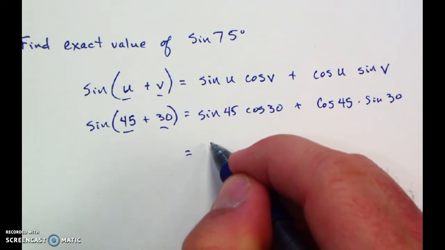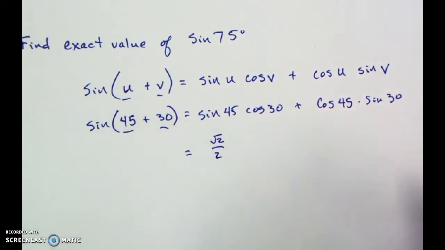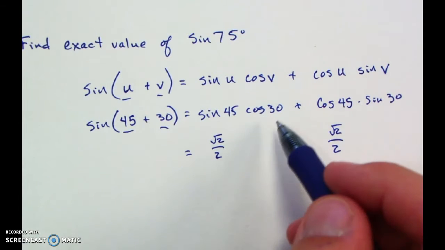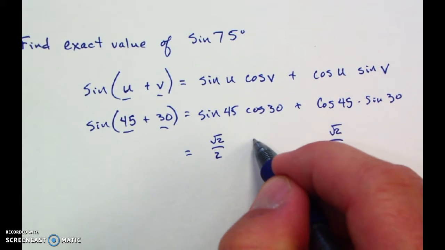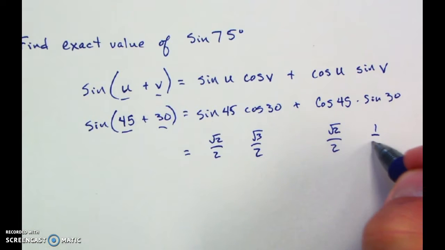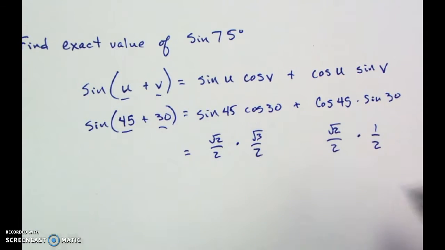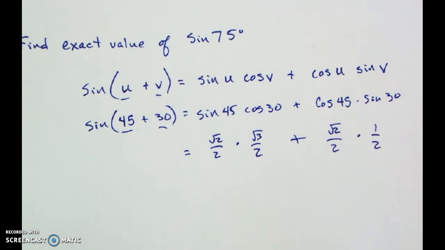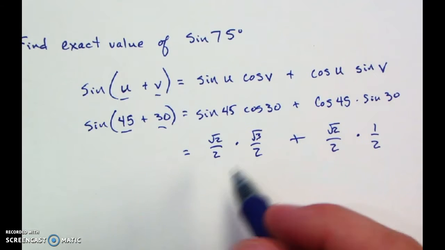And we can use our unit circle at this point and find these values. We know that the sine of 45 is equal to the square root of 2 over 2. Cosine of 45 is also equal to square root of 2 over 2. Then we have our cosine of 30 is equal to the square root of 3 over 2, and our sine of 30 is equal to 1/2. And so we're multiplying these values. I'm going to multiply this side and multiply this side before we add them together. Follow your order of operations.